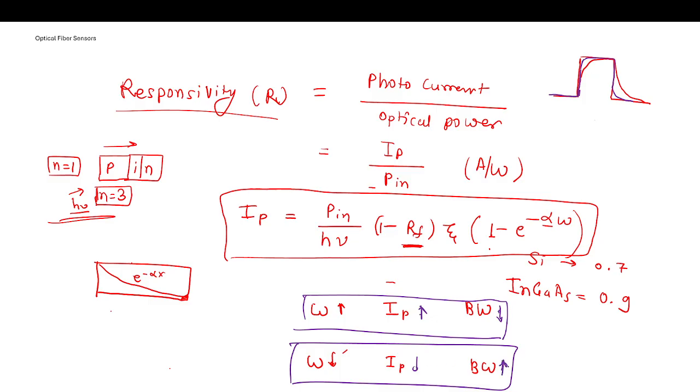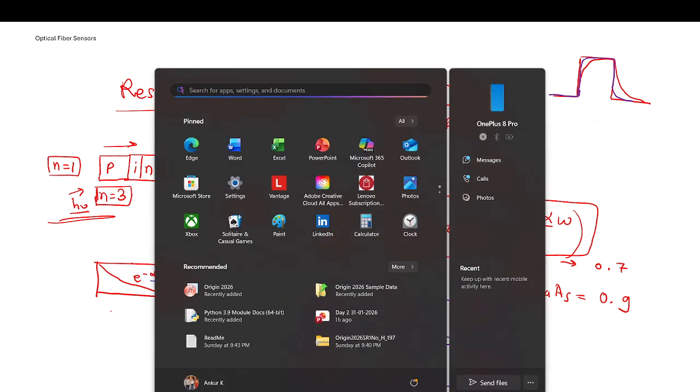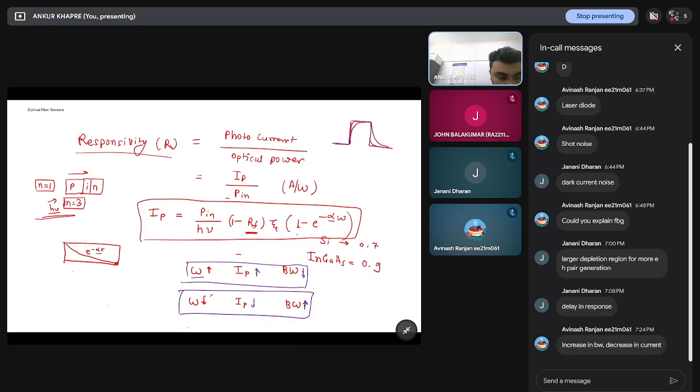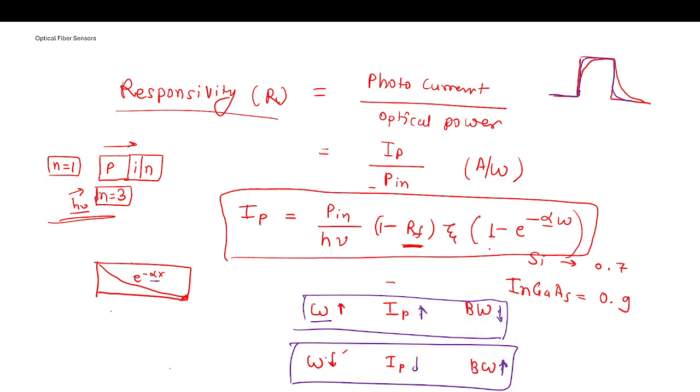also true. So what is happening here is, once you are increasing the width, the loss will be more, but it depends on the width directly.